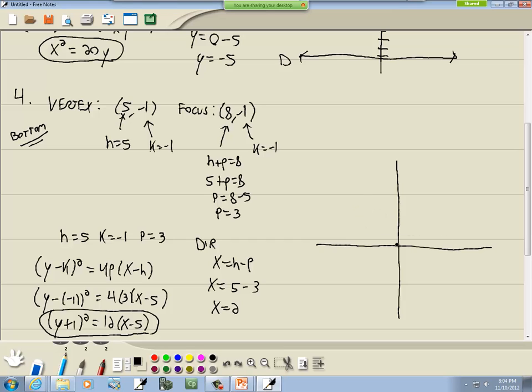Okay. Vertex is 5, negative 1. 3, 4, 5, negative 1. So that's our vertex. And focus is 8, negative 1. 6, 7, 8, negative 1. Then our directrix is x equals 2.